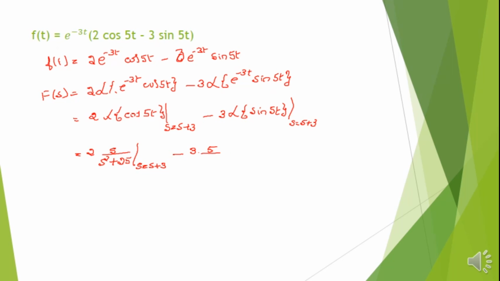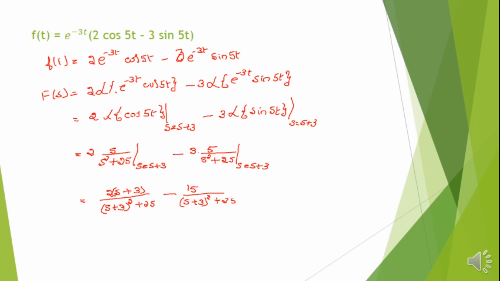So 2 into s by s square plus 25 at s equal to s plus 3. So it is 2 into s plus 3 divided by s plus 3 whole square plus 25, minus 15 divided by s plus 3 whole square plus 25.